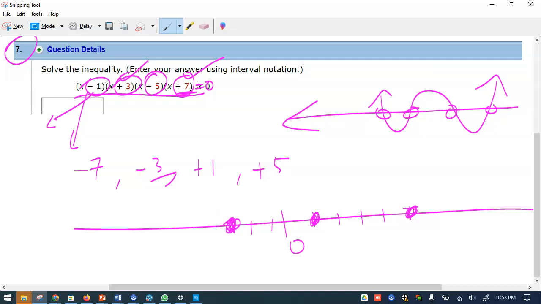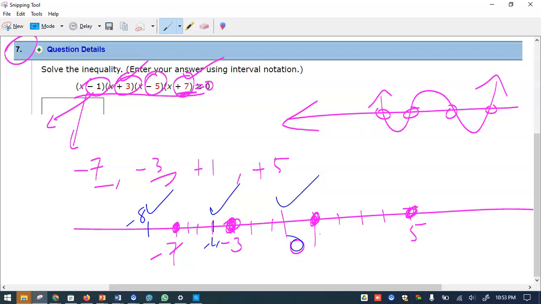Then minus 7, minus 3, this is 1 and 5. Then 4, 5, 6, 7. That's the one, and then each time you plug in. So it's the same thing. In between you use minus 4, and then here you use 0.